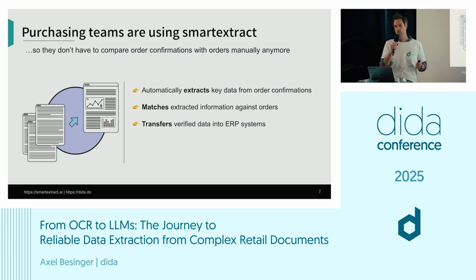They are also using smartextract as an end-to-end product. They automatically extract key data from order confirmations and then match them with invoices and then transfer that verified data into an ERP system. These are just two examples, but it gives you an idea of how flexible smartextract can be used.